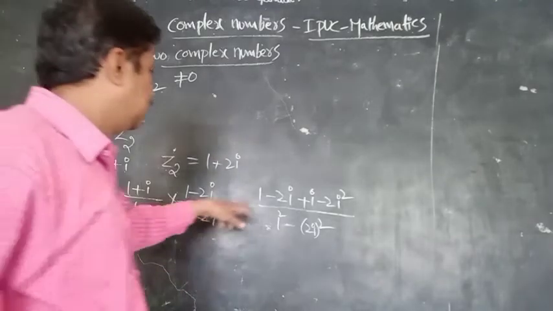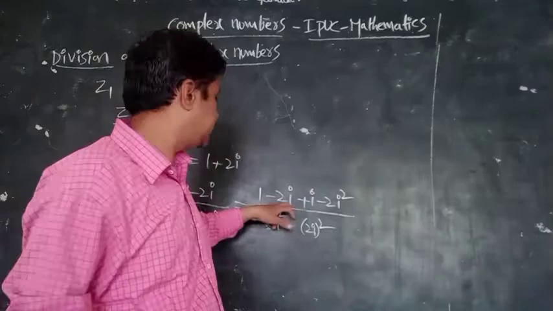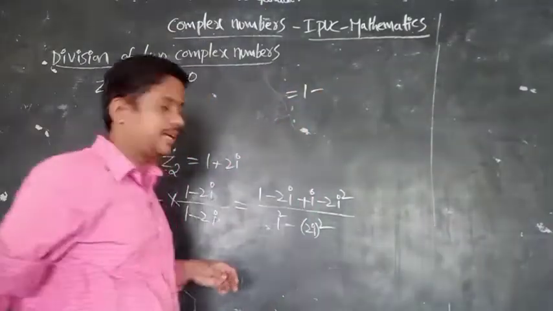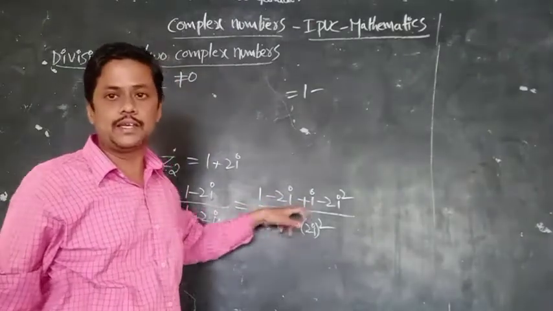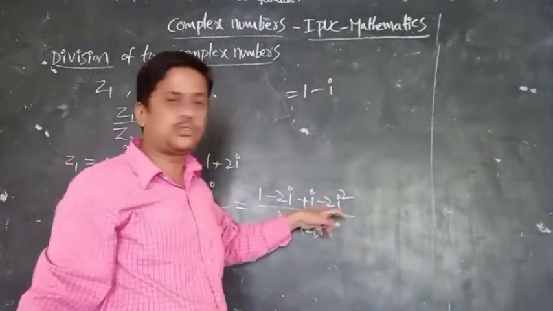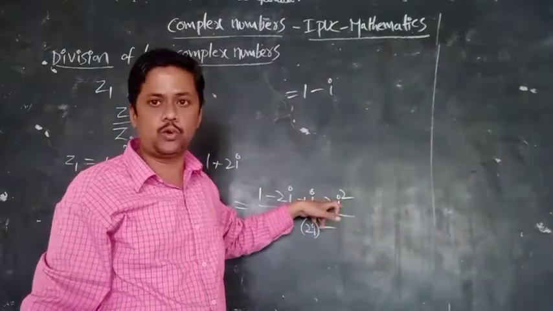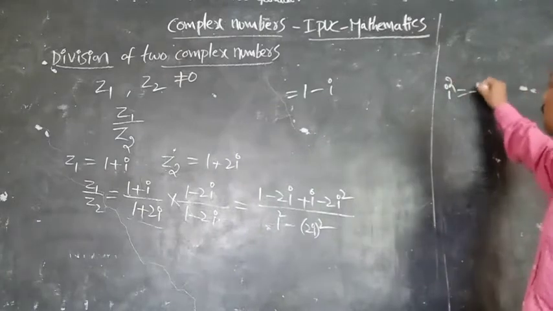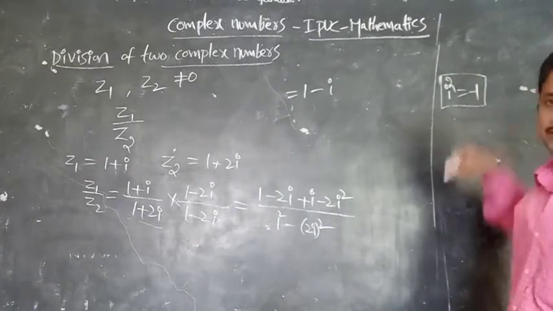Simplify it. 1 minus 2i plus i minus 2i square. The formula is i square equals minus 1.